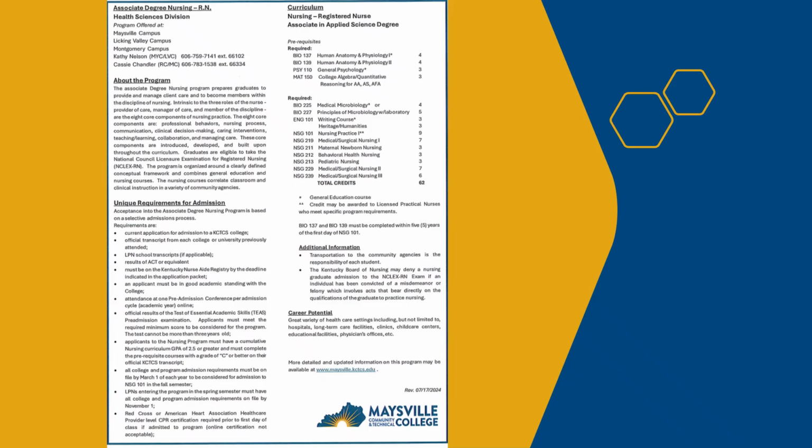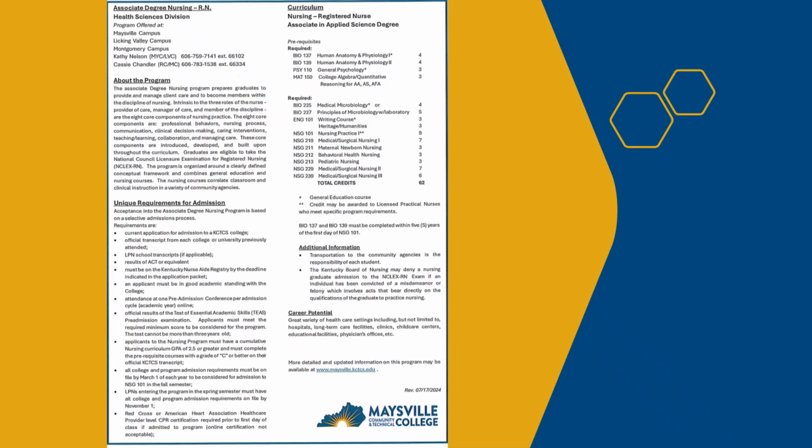One is that we have a selective admissions committee that goes over each applicant, and so to be fully qualified to be a candidate for the program, there are some requirements that you need to do, such as having a current application for admission to KCTCS or MCTC. You can do that on the MCTC website. You have to just simply hit apply and fill that information out.